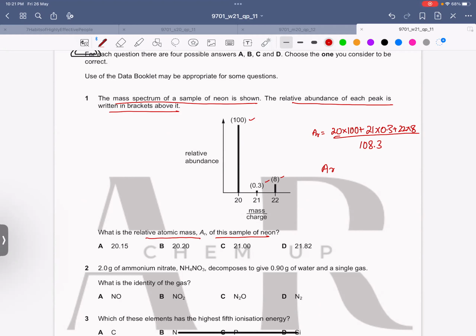Yes, can anybody do the calculation and tell me the answer? 20.15.